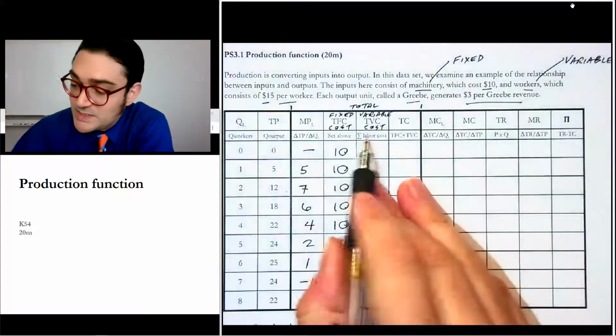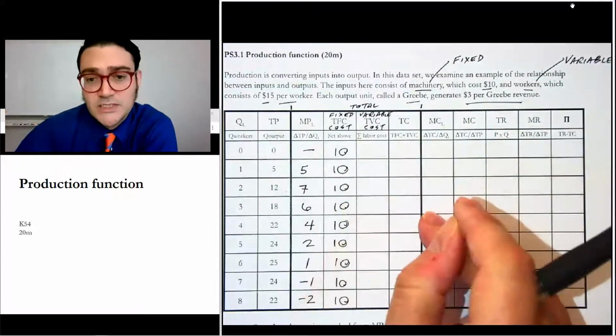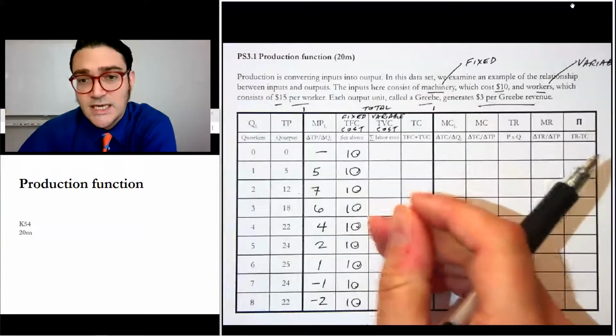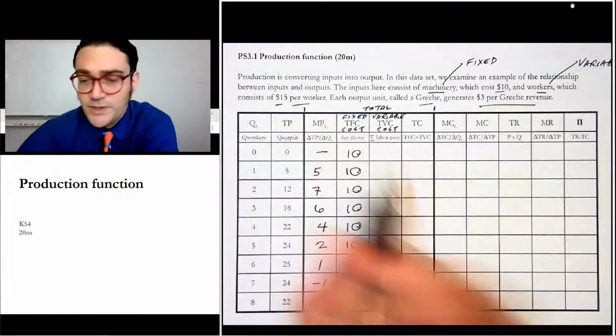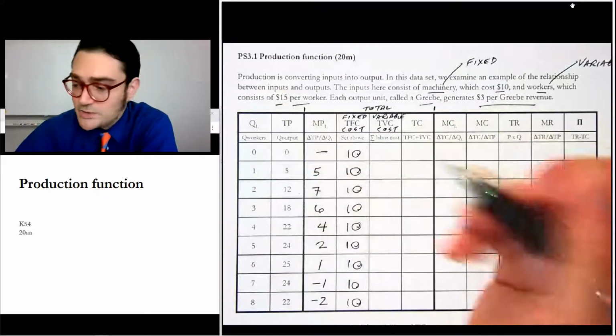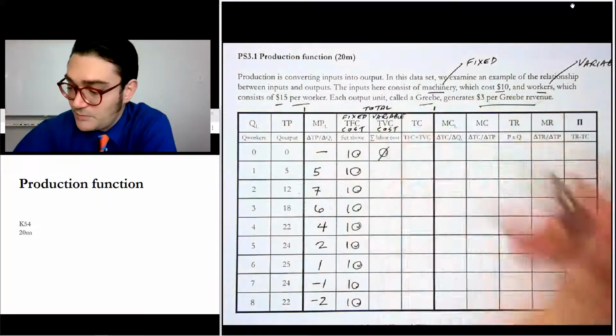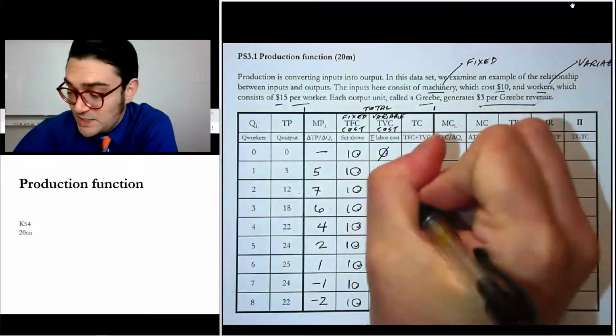Now the next one, there's this sigma sign. That means sum. So the sum of the labor cost, and that's the variable cost. And we already have up here that it's $15 per worker. If you have 0 workers, then there's no variable cost. But if you have your first worker, it's 15.